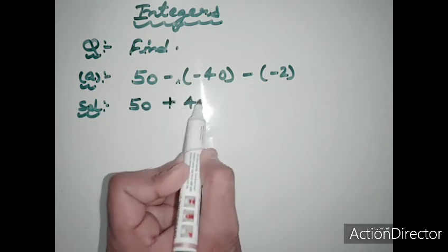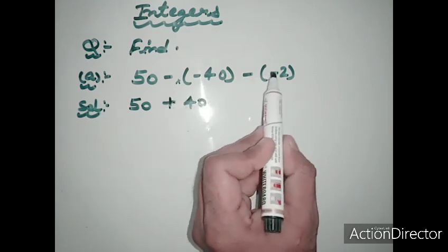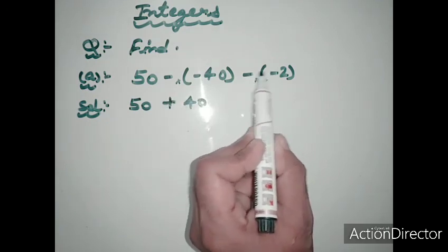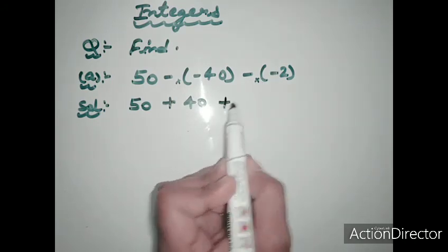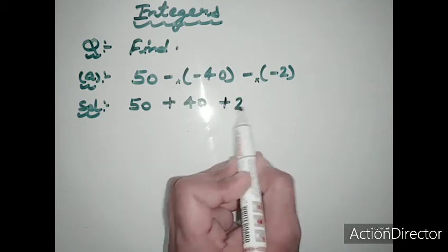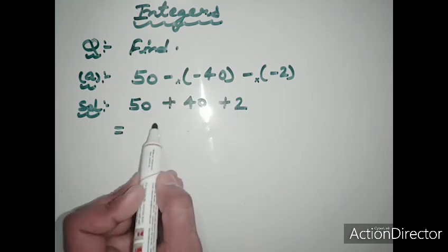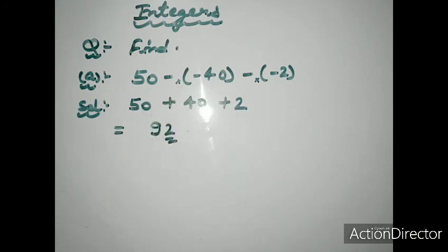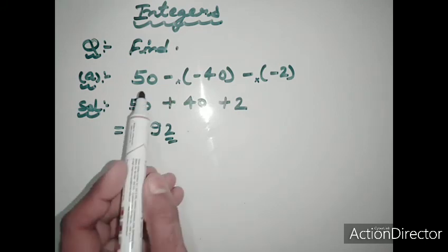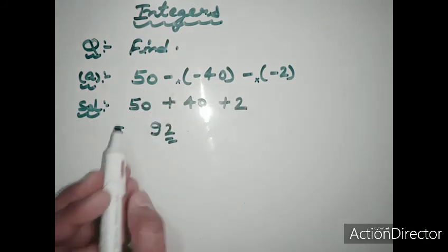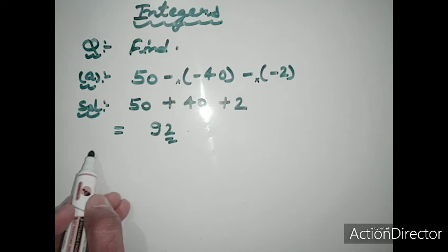So here we write plus 40. Now we apply the same rule here: minus minus is plus in multiplication, so we write plus 2. Now 50 plus 40, 90, and 90 plus 2, 92. So here we get 92 when we add or subtract these integers.